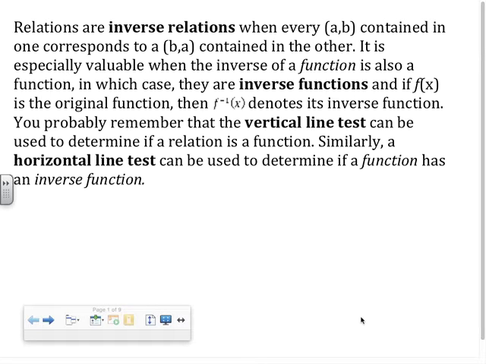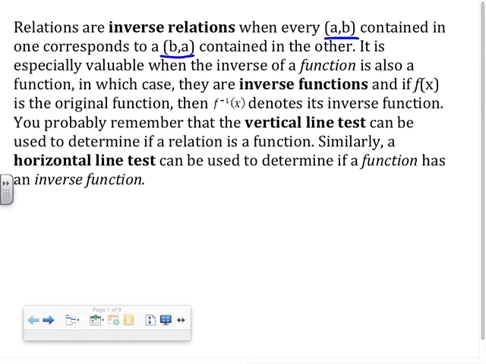So an inverse relation, or put another way, two relations are inverses of each other if every a comma b in one relation corresponds to a b comma a in the other.